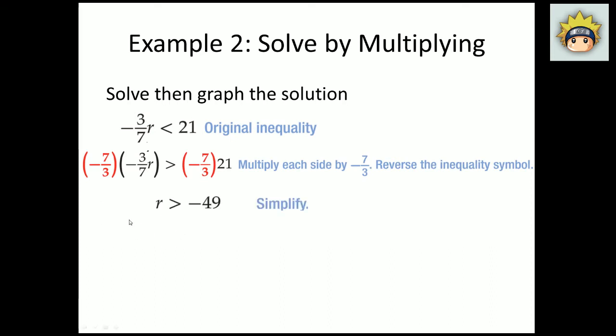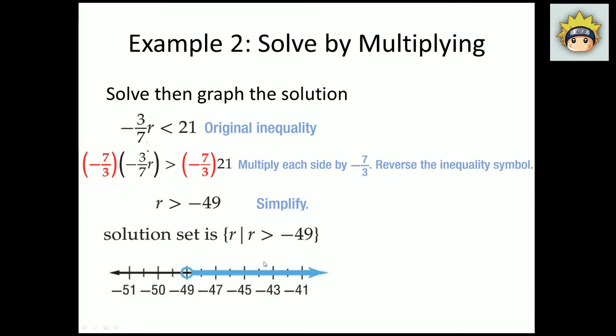On my left hand side, I get r, because that is what's left over. The less than symbol becomes a greater than symbol, and negative 7 over 3 times 21 becomes negative 49. So my solution set is r is greater than negative 49.